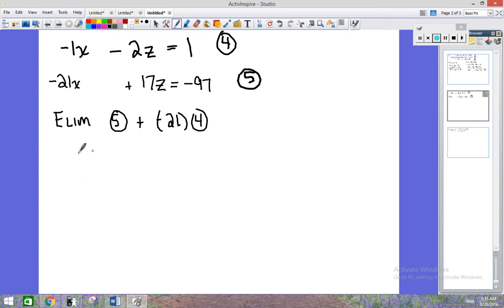So if I write equation 5 as is, and now every term in equation 4 gets multiplied by a negative 21. So that becomes a 21x, negative times negative, that becomes positive.